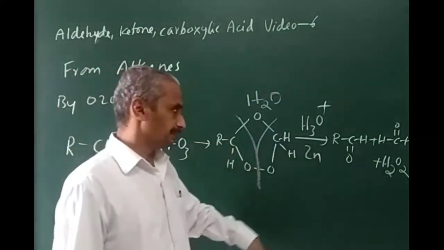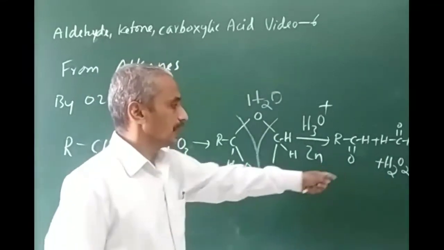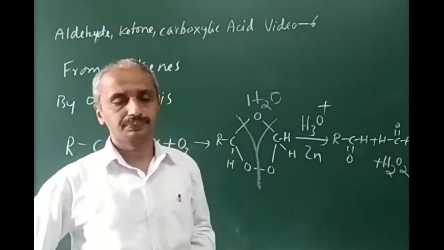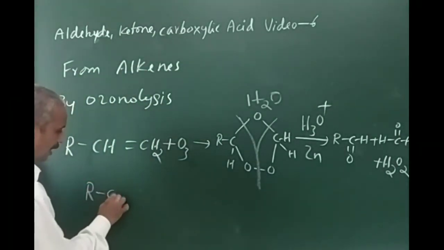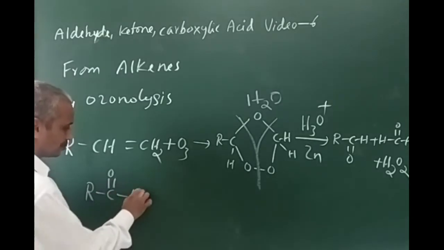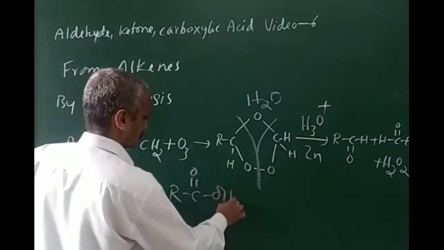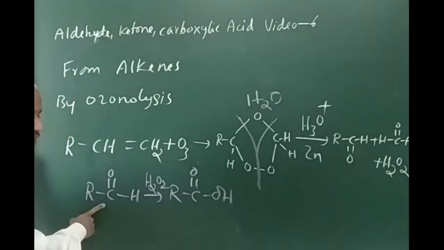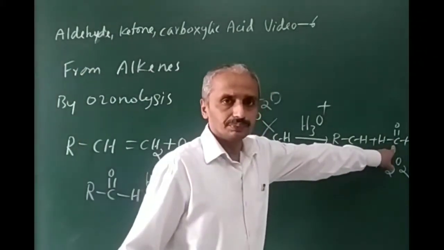And remember here, why do we use the zinc? Hydrogen peroxide is a good oxidizing agent. It can convert this RCHO into RCOOH, which means oxidation of the aldehyde can take place, even this aldehyde also.